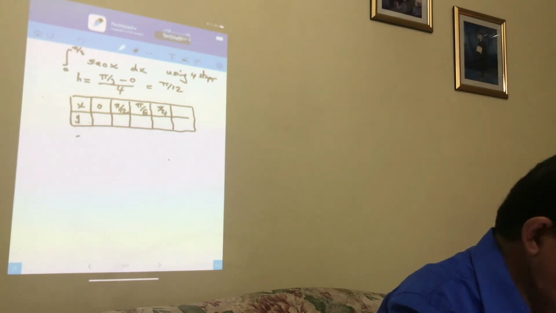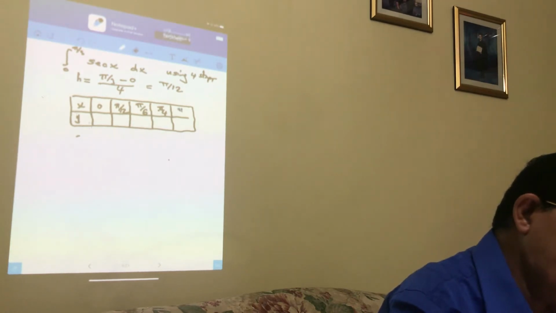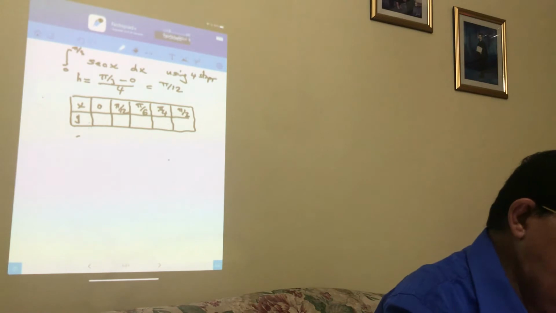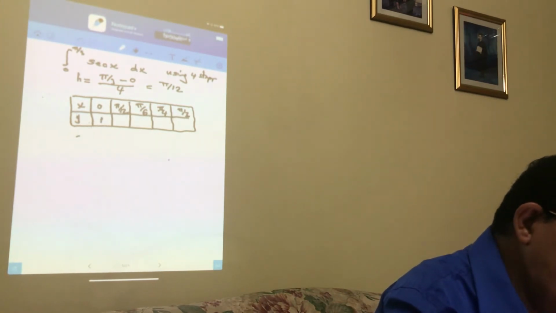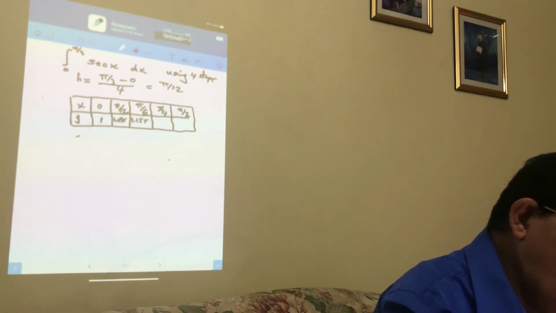And the last is 4 pi over 12, which means pi over 3. And we are going to calculate the values of sec x. Sec 0 is 1. That number is 1.035. That number is 1.155. That number is 1.414. And this number is 2.